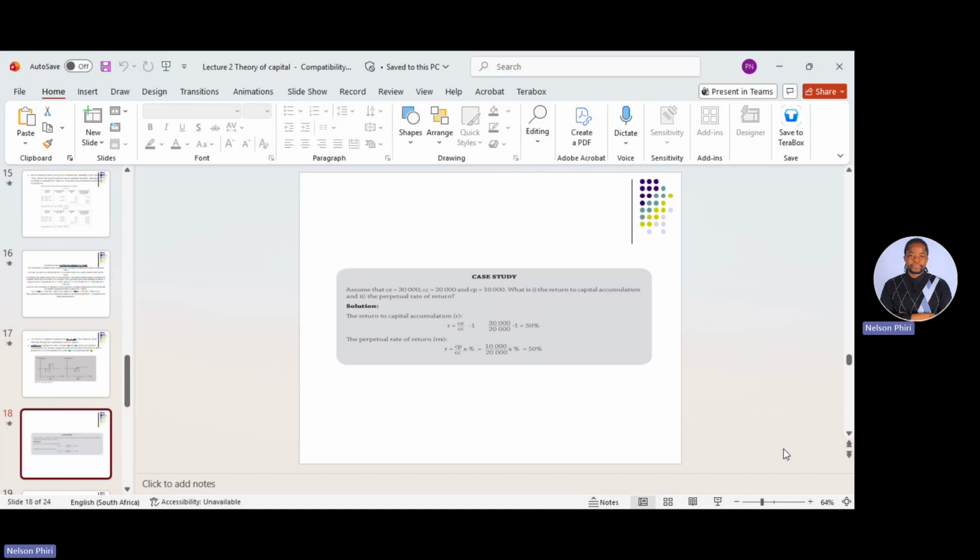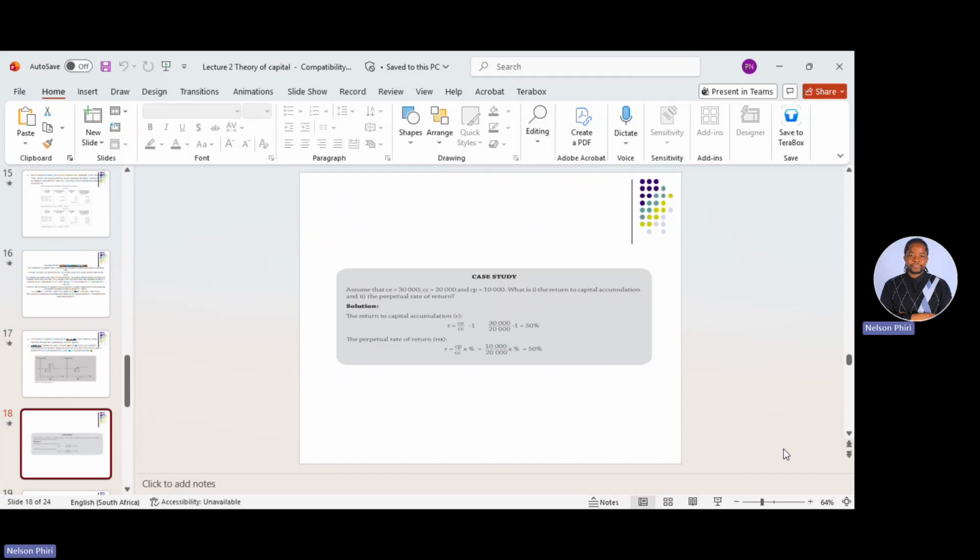You have your current level of consumption, which is 20. Then you have your future consumption. The formula is CE divided by CC, minus 1. So you take 30 divided by 20, minus 1, which gives 50%.